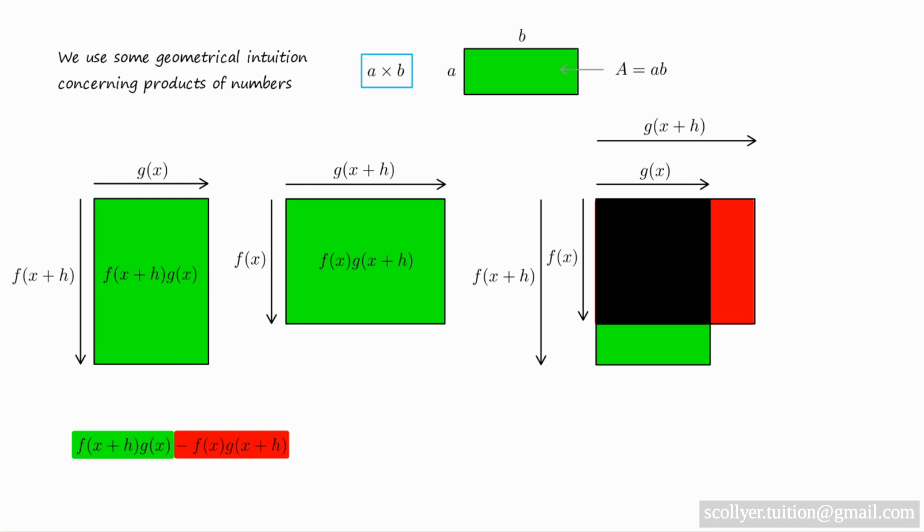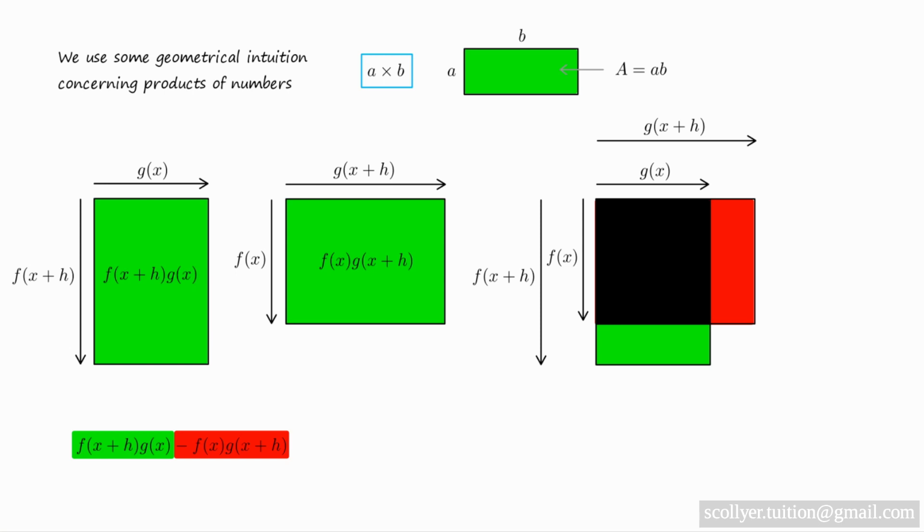Now, since we are subtracting these two expressions, f of x plus h times g of x and f of x times g of x plus h, we can see that the area shaded black disappears completely, and that the whole expression, f of x plus h times g of x minus f of x times g of x plus h, corresponds to the areas shaded green and red. We now label the remaining dimensions on the diagram.